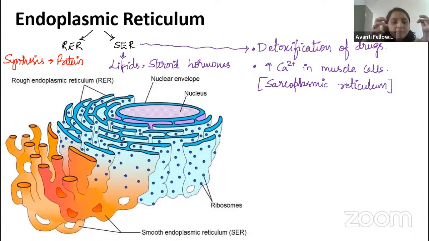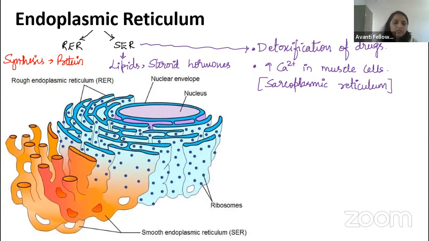These proteins are mainly synthesized by the rough endoplasmic reticulum. The ribosomes attached to the rough endoplasmic reticulum are involved in the synthesis of proteins which are membrane bound.